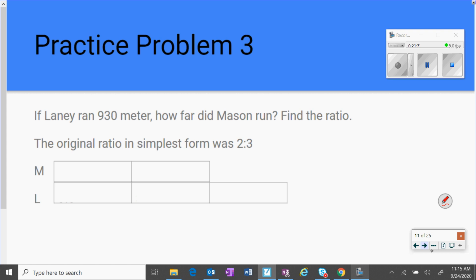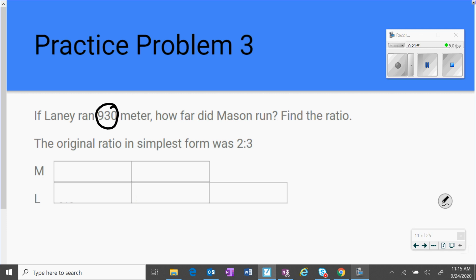Right, the next practice problem. If Laney ran 930 meters, how far did Mason run? First, you're going to find the ratio, and then you're going to answer the question of how far did Mason run. So again, you're going to circle the number.